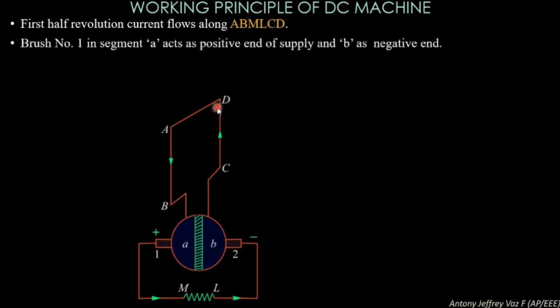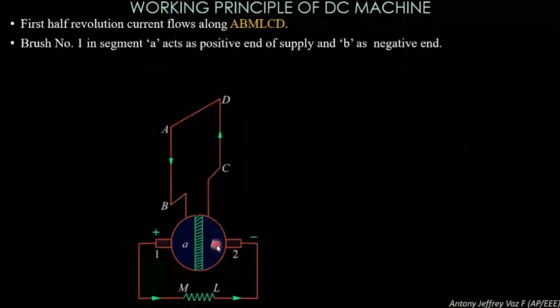Now the brush number 1 in segment A acts as positive end of the supply and B as negative end. Here this is the segment A and this one is the segment B, and here is the brush 1 and here is the brush 2.